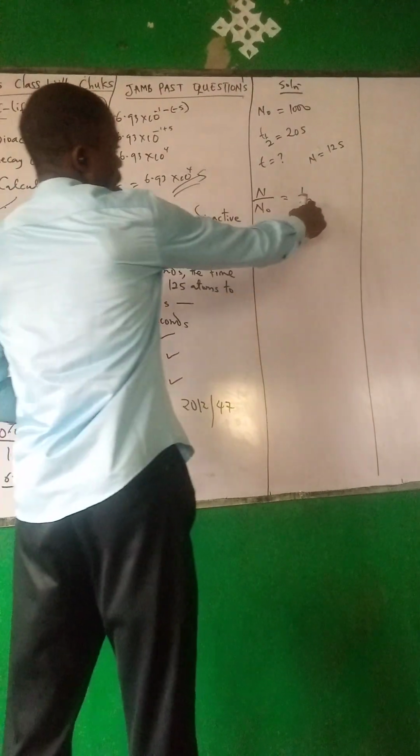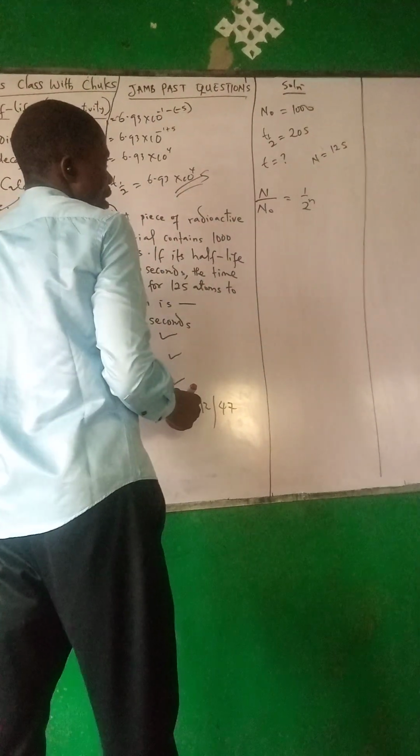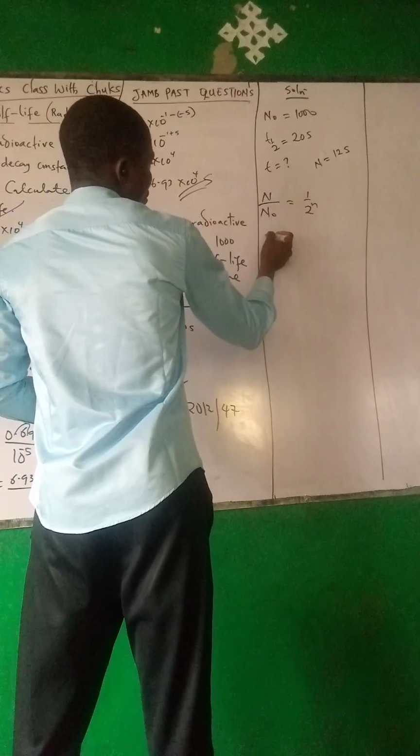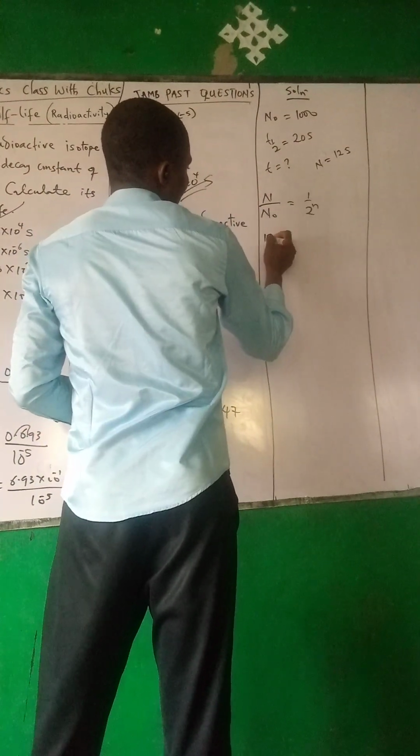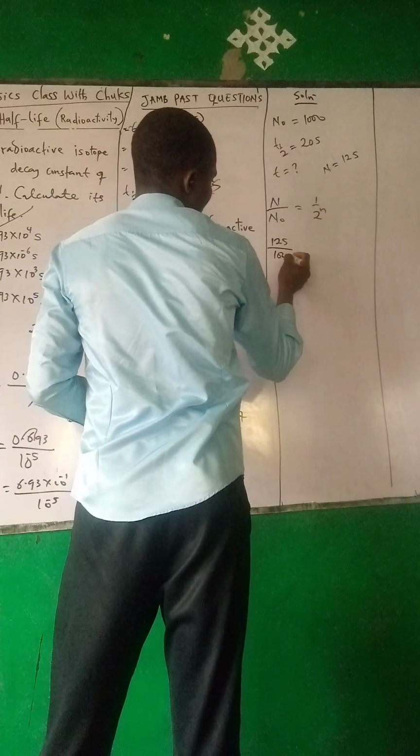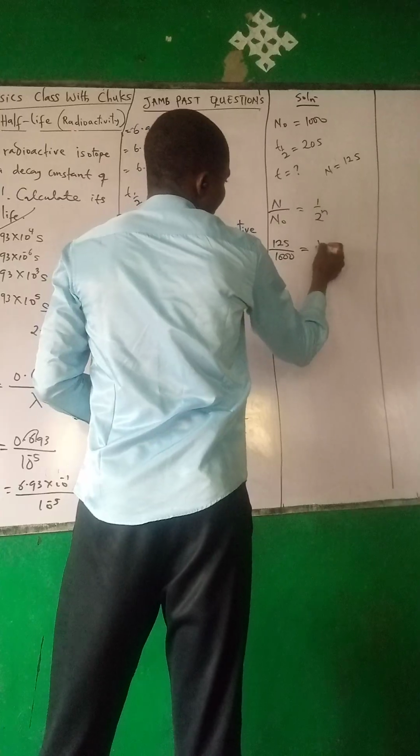Now first get this n. We are given 125 over 1,000 equal to 1 over 2 power n.